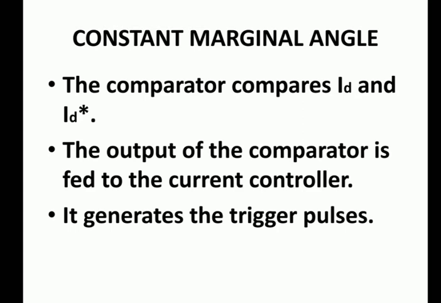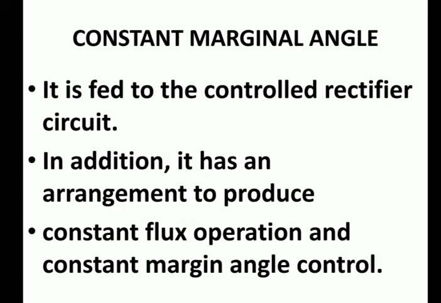The comparator compares ID and ID asterisk. The output of the comparator is fed to the current controller. It generates the trigger pulses. It is fed to the controlled rectifier circuit.